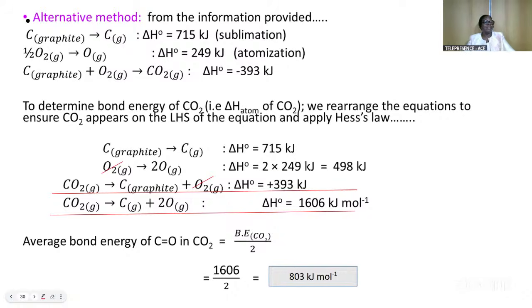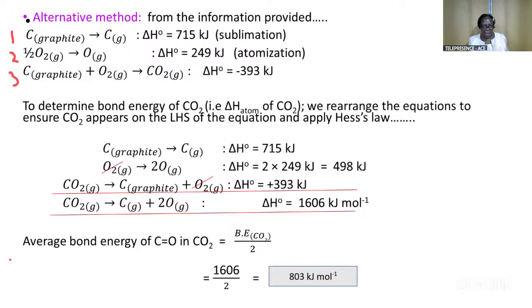So if you look at it again, we have the first reaction, we have the second, and then we have the third reaction.